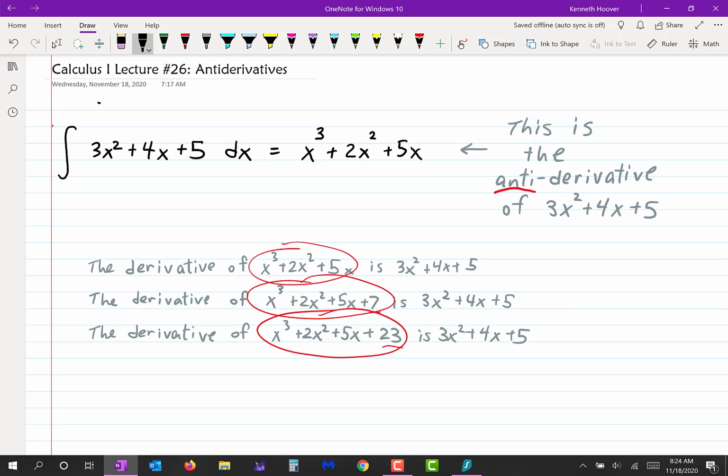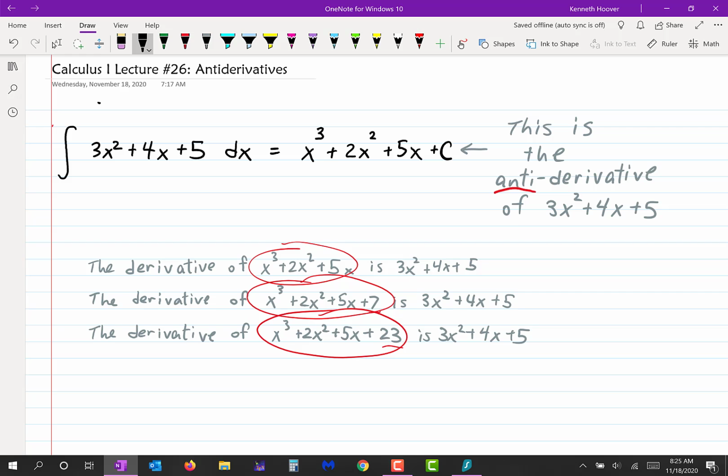So I write at the end plus c. And my explanation in gray, where it says this is the antiderivative of 3x squared plus 4x plus 5.